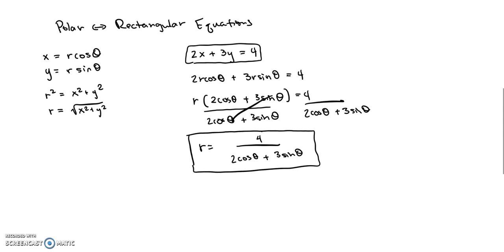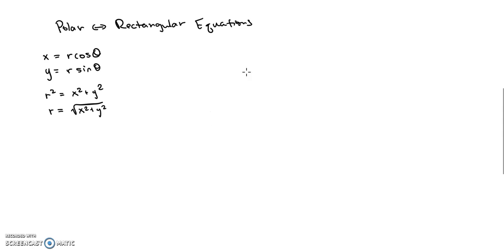All right, let's try another one. Let's try this one as polar going to rectangular. Let's say that we have r equals 3 cosine theta. Now in order to go in reverse, we either have to have r cosine theta, r sine theta, r, or r squared. We see this cosine theta right here, and we can't really do anything with that, but if we had r cosine theta, we could.